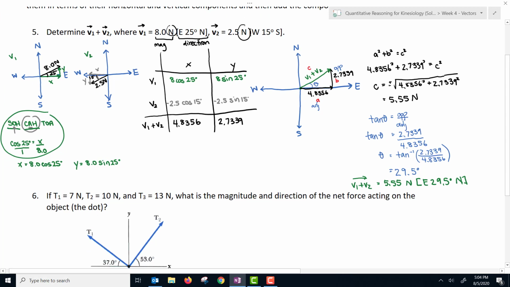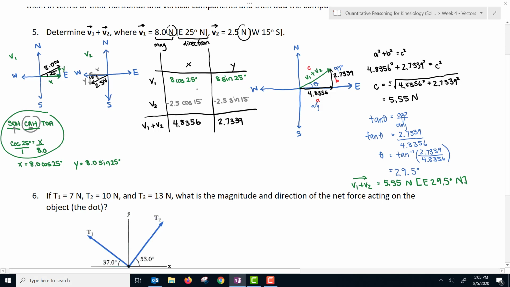We found V1 plus V2, so we added up the two vectors. Let's go over all the steps again. We were given V1. We had to find the x and the y components of V1, and then the x and y components of V2.